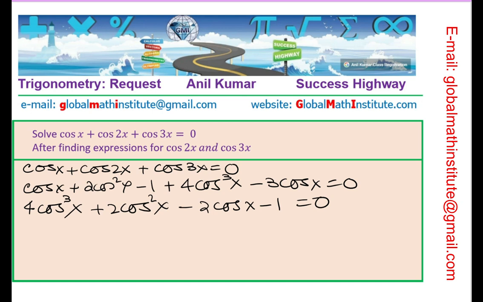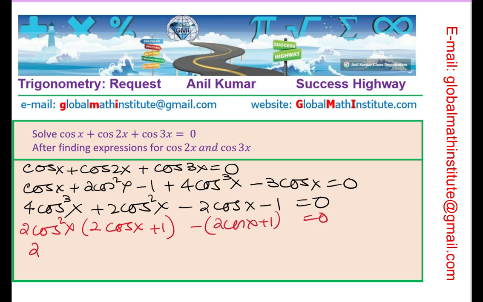In the first two terms, you can take 2 cos square x common. We are left with 2 cos x plus 1 here, minus 2 cos x plus 1 there. And now you can see that 2 cos x plus 1 is common. And that gives you 2 cos square x minus 1 equals 0. Is that clear to you?